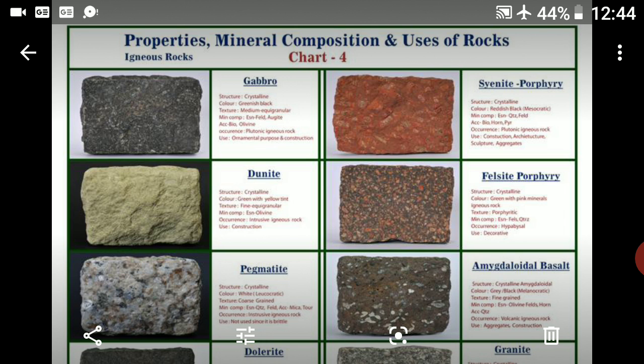Occurrence: hypabyssal. Use: decorative purpose, interior decoration and external decoration in the buildings and all. We can use this felsite porphyry.